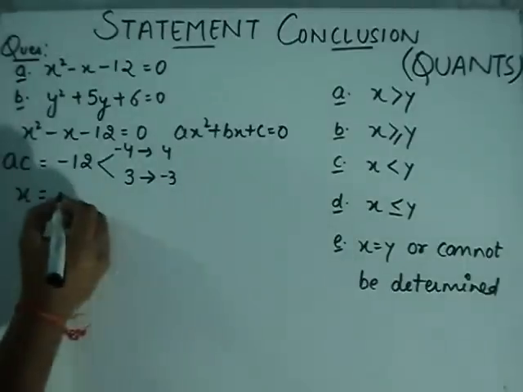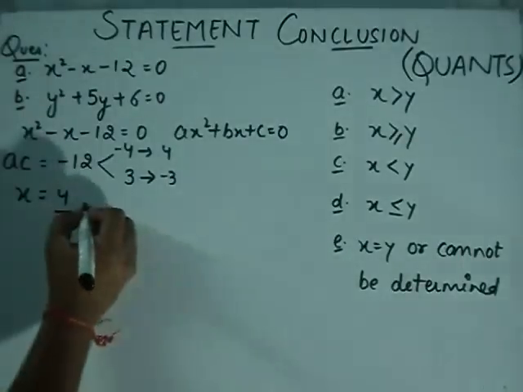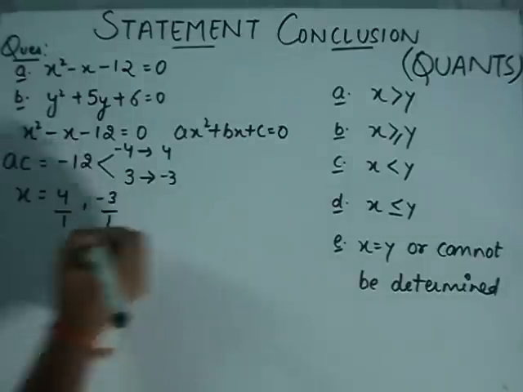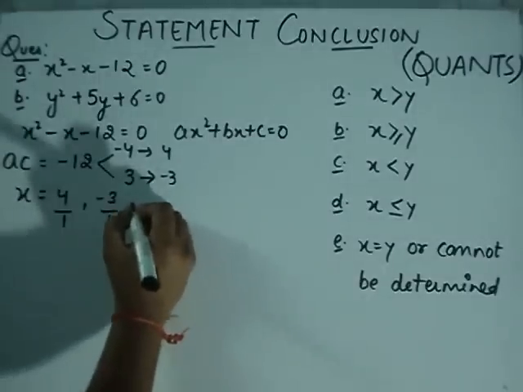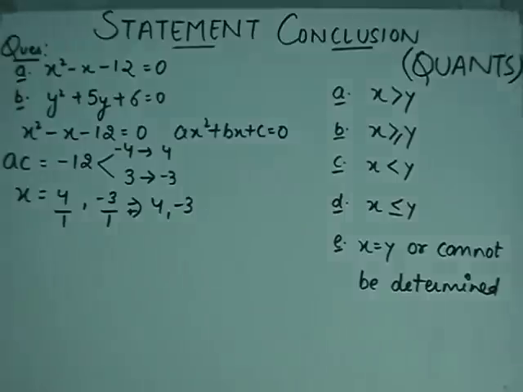So my roots are 4 divided by the coefficient of x square and minus 3 divided by 1. So my roots are 4 and minus 3. You can check it by substituting the values in the equation or by using the factorization method or determinant method.